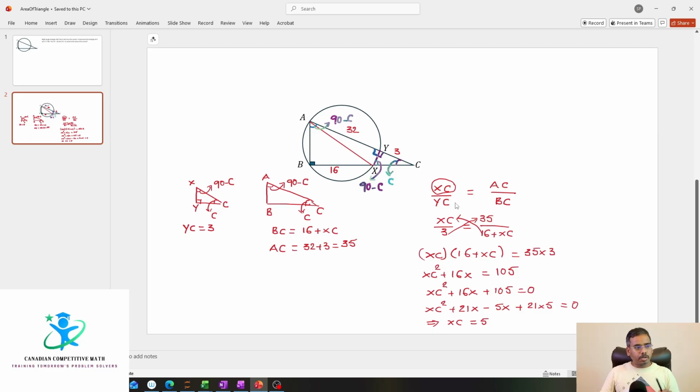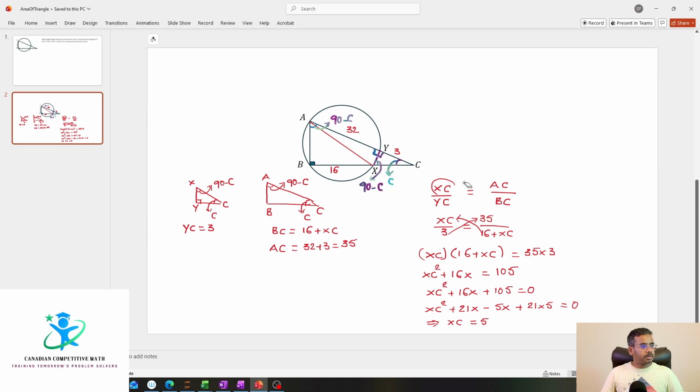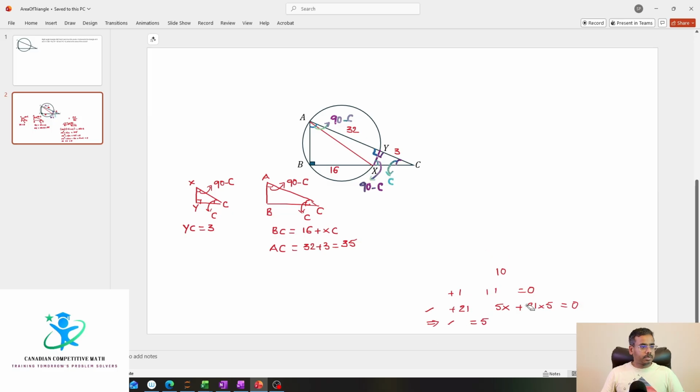Okay, now that I've solved everything, I will erase this. Where is my eraser? I'm erasing this. Now I know what my x is, right?